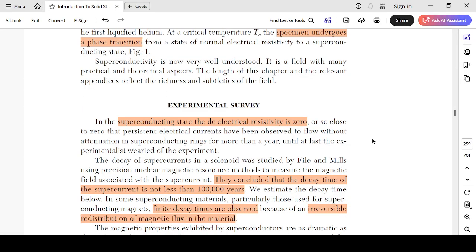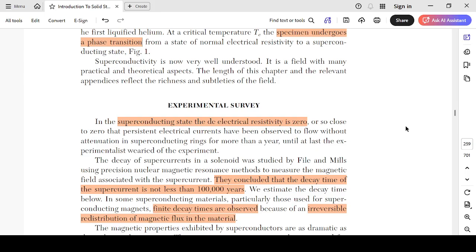Now, in the context of undergrad examinations, we will follow the text, An Introduction to Solid State Physics by Charles Kittel. In this chapter on superconductivity, Charles Kittel decided to discuss different aspects of superconductivity under the headings of experimental survey as well as theoretical survey.